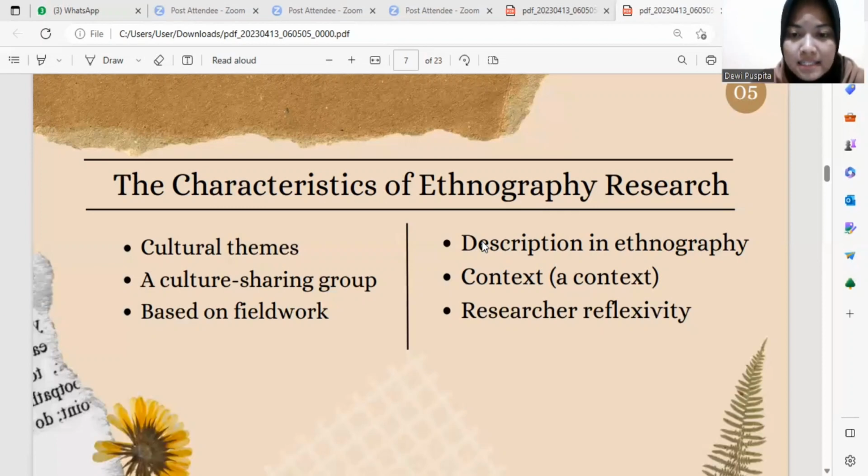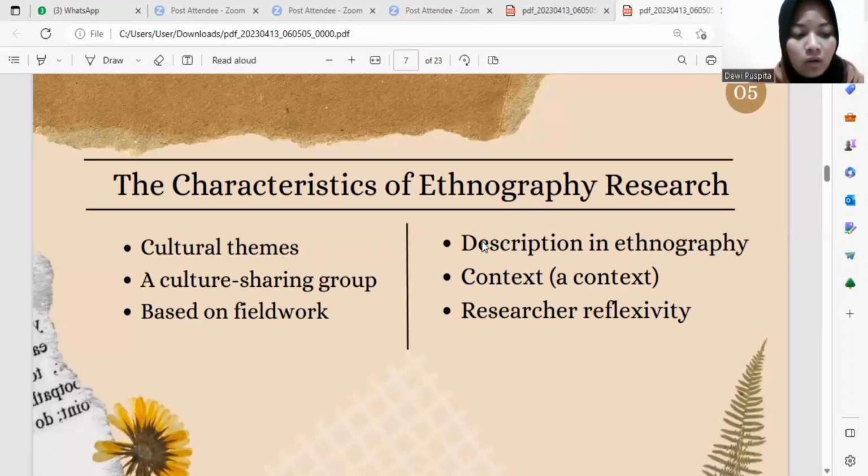And the last is researcher reflexivity. This characteristic means that a conscious and open attitude towards the researcher's role will create a feeling of reliance shared between the person doing the study and the thing being researched.